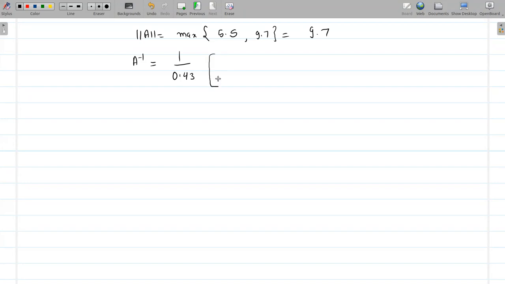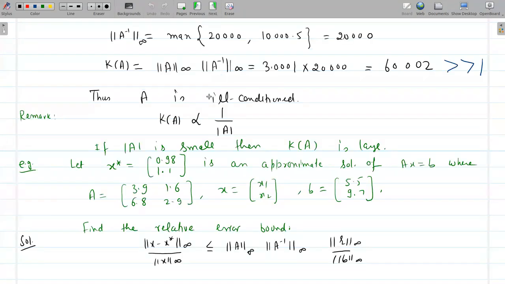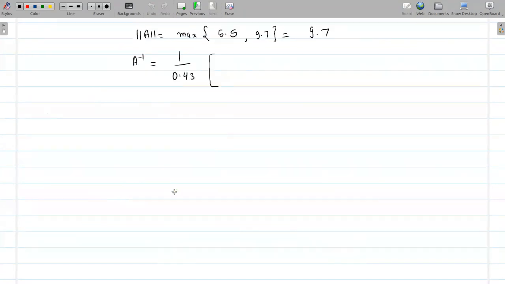And how do you write the adjoint? For 3.9, leave that row and column, the entry is 2.9, then minus 1.6. First write the matrix of cofactors, then take its transpose.